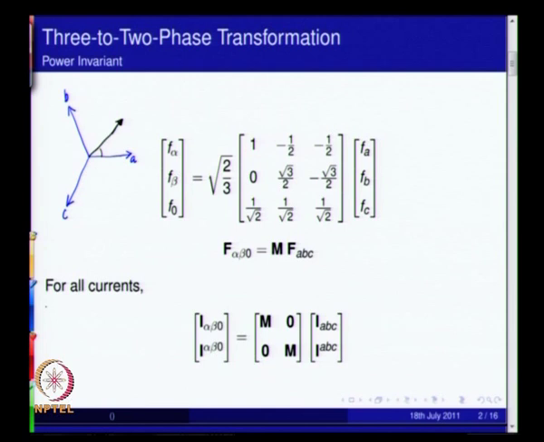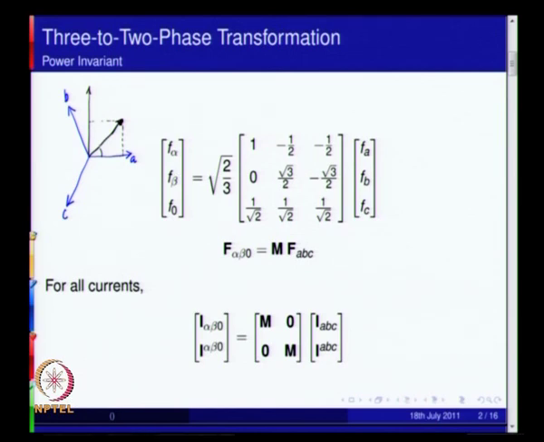In order to describe this net MMF, it may be sufficient to take one component along the horizontal axis and another component along the vertical axis. If we describe these two, it is sufficient to give all details about the net MMF.